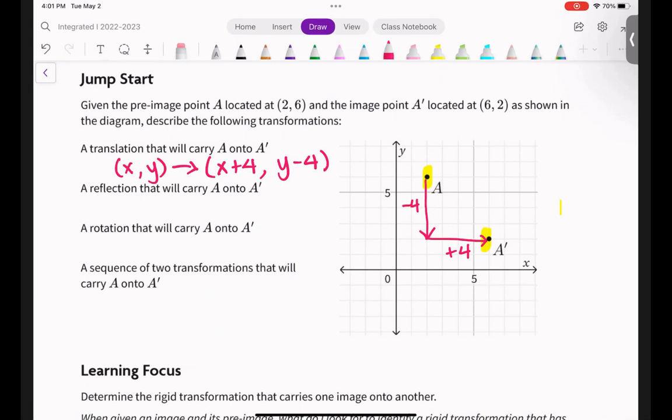So that's a translation. Interestingly enough, you don't have to use a translation to get from point A to A prime. You can use a reflection. With a reflection, all you would need is the line or the mirror that you're reflecting over.